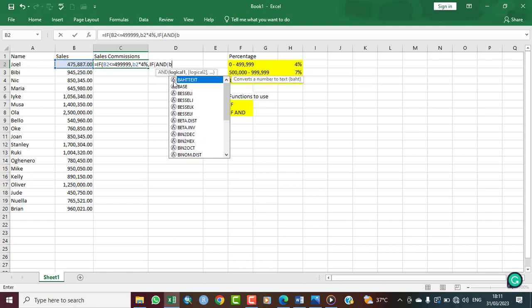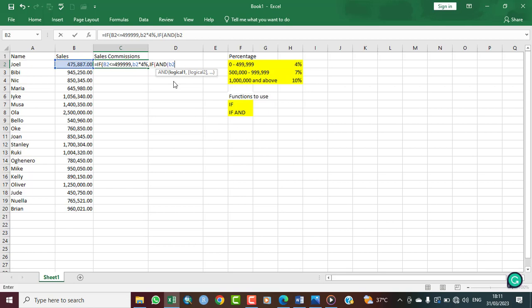Then we say B2 greater than or equal to 500,000, comma, and then B2 again, that is for the higher threshold, is less than or equal to 999,999, and then we close the bracket.